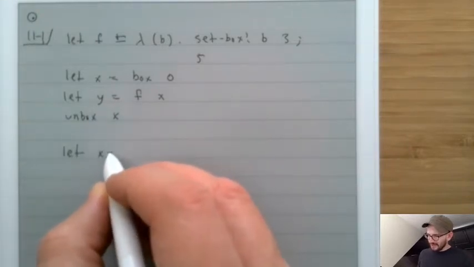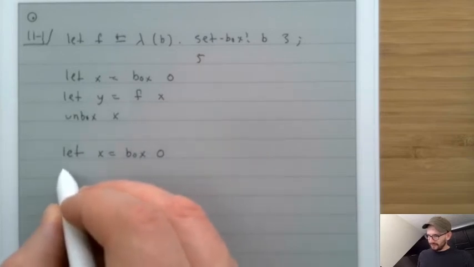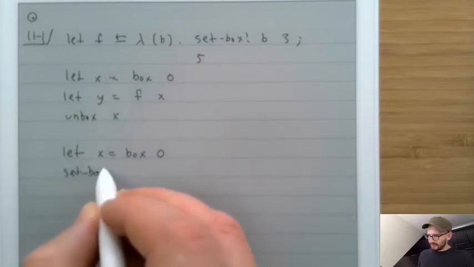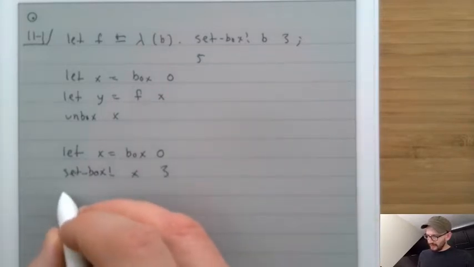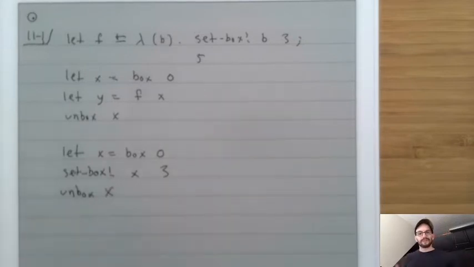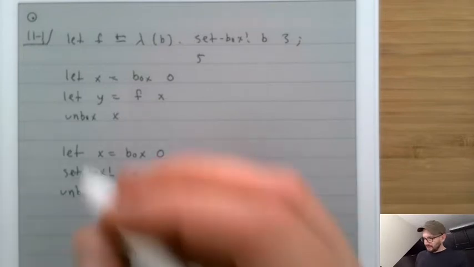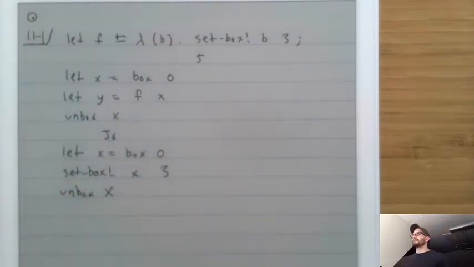So we'll say let x equals box 0, and then we'll say set box of x equal to 3, and then we'll do unbox x. Okay, so this program should return 3. So this is what we can do inside of our J6 language.